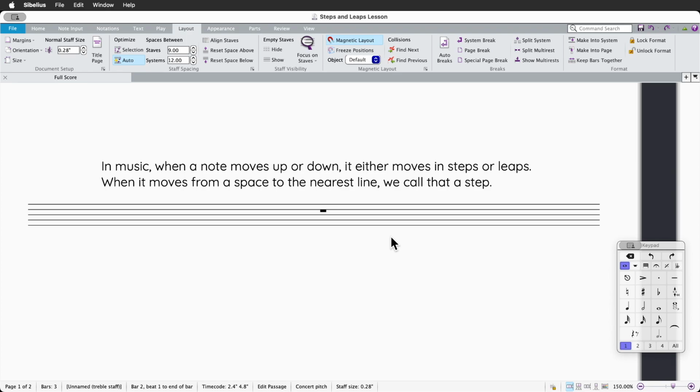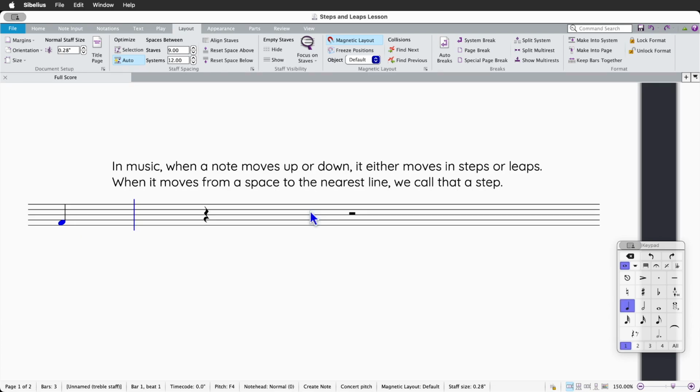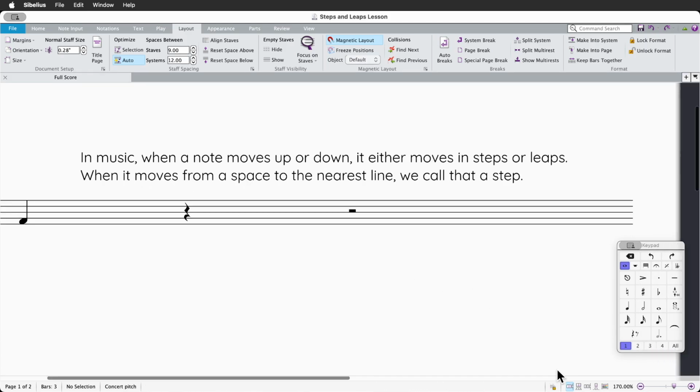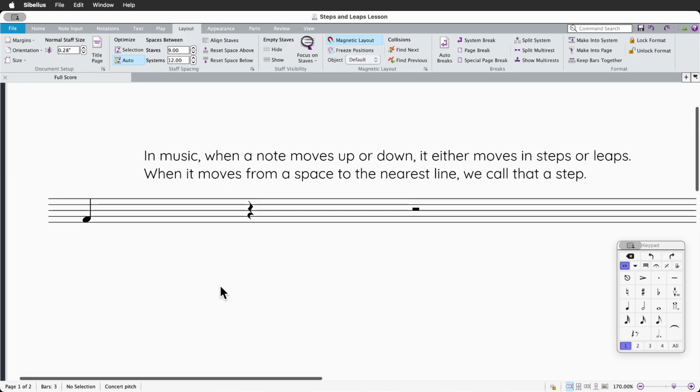Now, in music, when a note moves up or down, it either moves in steps or leaps. And it's pretty straightforward what it means. A step means it just goes one note at a time. So, example here, let's take a look at a step. Let's go to our first space here on the treble clef staff. And we're going to write the note that happens to be the note F in treble clef, or the note A in bass clef.